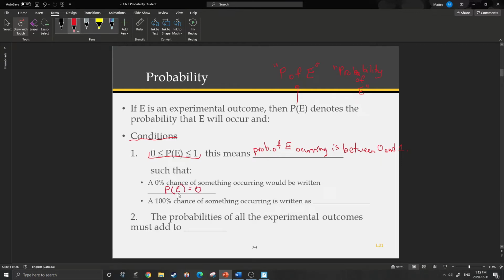That's how you would write that there's a 0% chance of this occurring. And a 100% chance of something occurring would be written as probability of E equals 1.